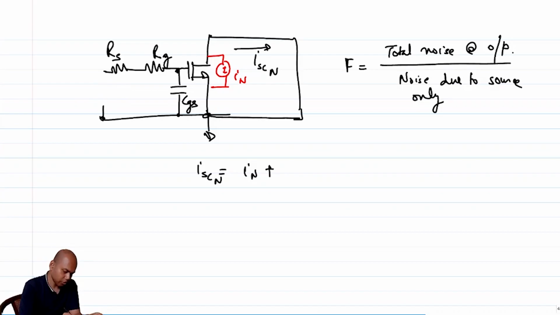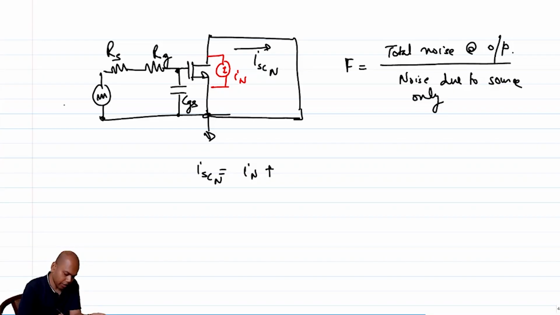I can get rid of the source. But I know that RS and RG play a role. I can model them as voltage sources in series, and since they are in series, the equivalent voltage source, using our Nyquist noise theorem, essentially 4kT, I can club them into an equivalent resistor of RS plus RG, and I'll get some equivalent noise voltage, right?